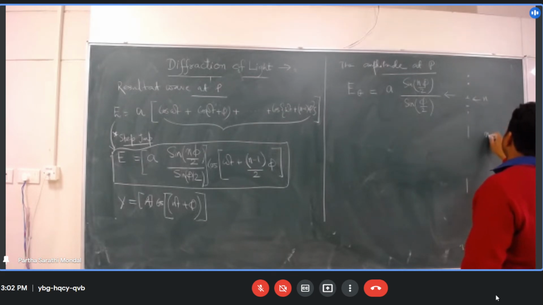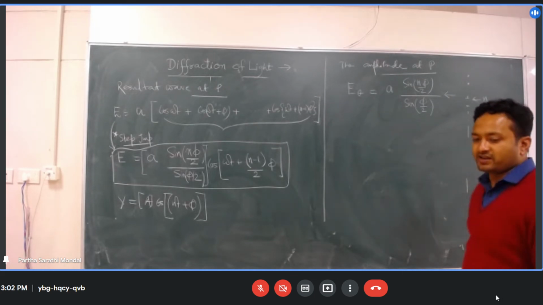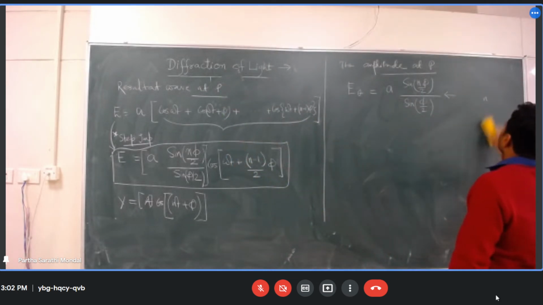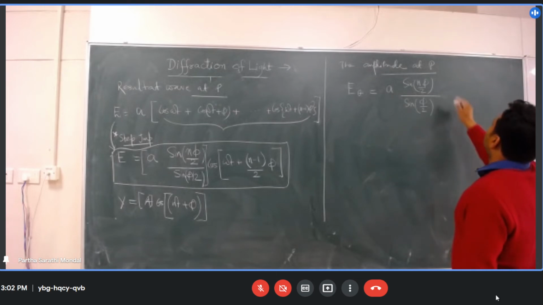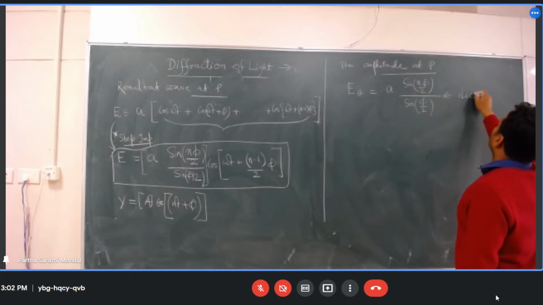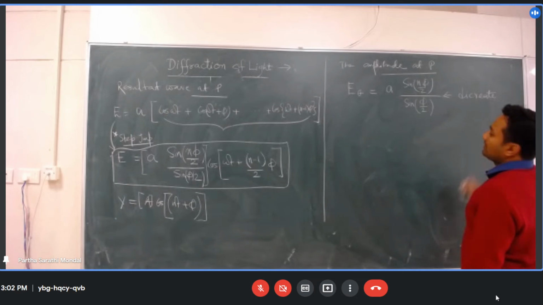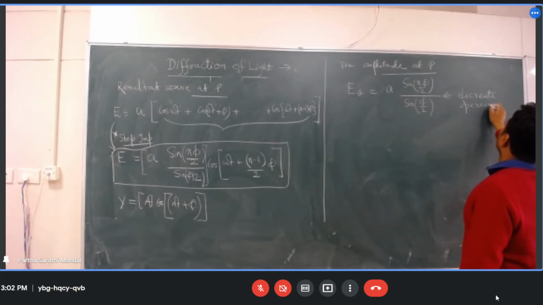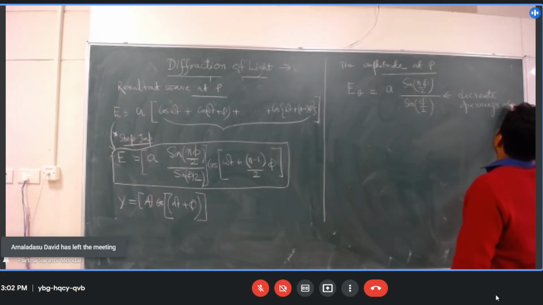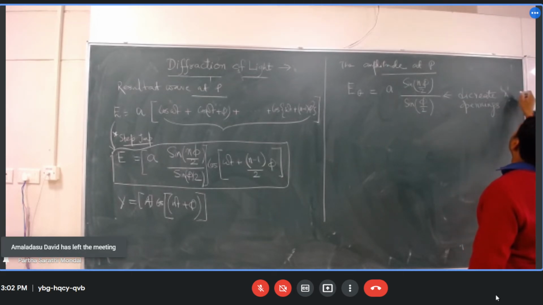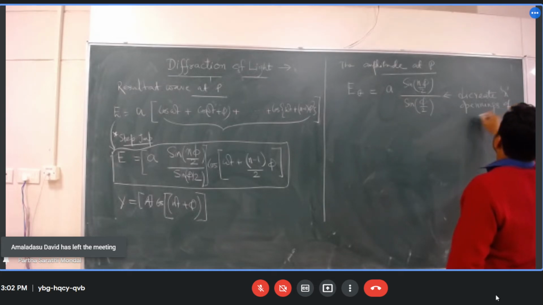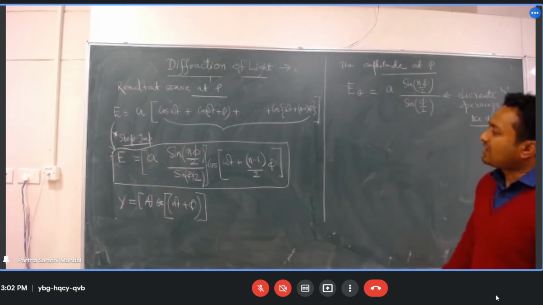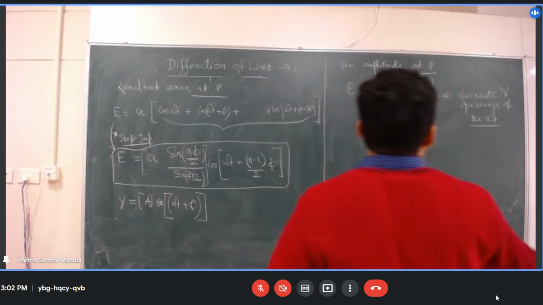So we have to put the limit n tends to infinity to get the actual effect of the whole opening of the screen. So now this is for discrete openings. How many openings? Discrete n number of openings of the slit. But this is not the actual physical condition. Actually, the slit is continuously open.